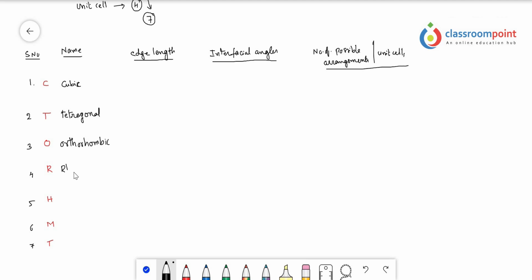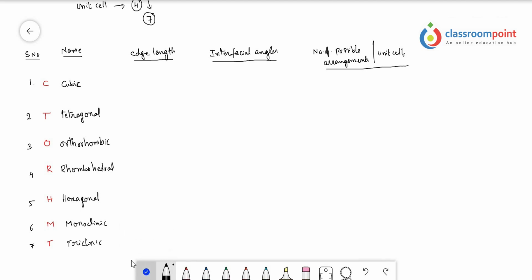R stands for rhombohedral. H stands for hexagonal. M stands for monoclinic. T stands for triclinic. So these are the 7 basic crystal systems.